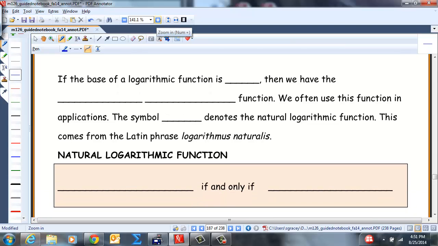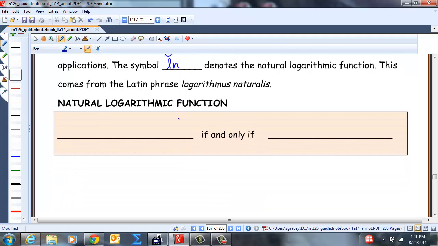If the base of a logarithmic function is e, and this is used a lot, then we have the natural logarithmic function. We often use this function in applications. So the symbol ln denotes the natural logarithmic function. This comes from the Latin phrase logarithmus naturalis.